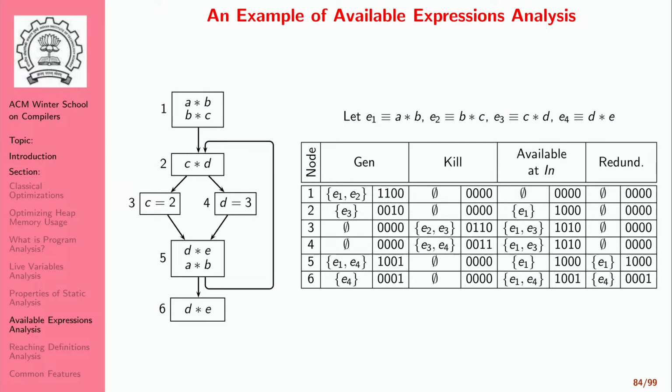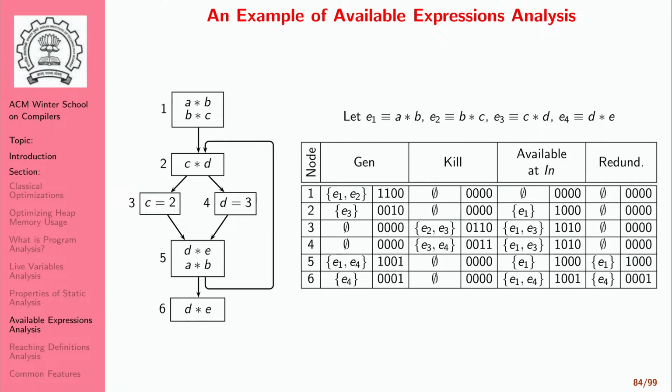Here, because we have E1 and E2, the bit vector is 1 1, and E3 and E4 are not there, so it's 0 0. The point is, bit vectors and sets are interchangeable. You can always represent a set by a bit vector and a bit vector by a set.